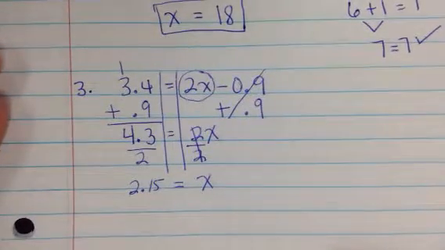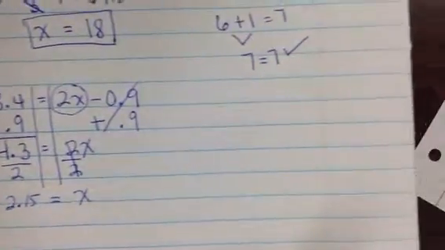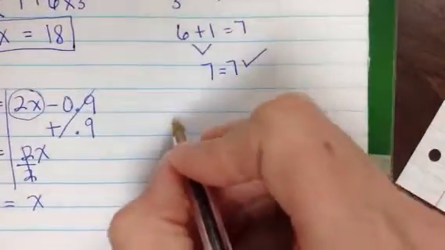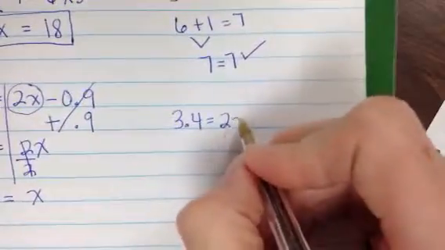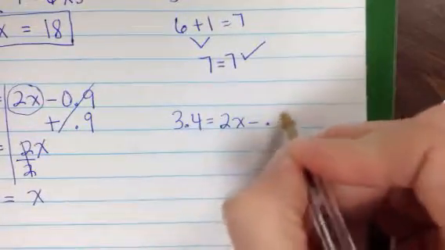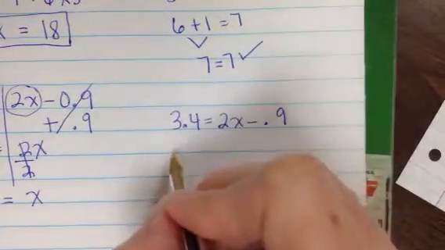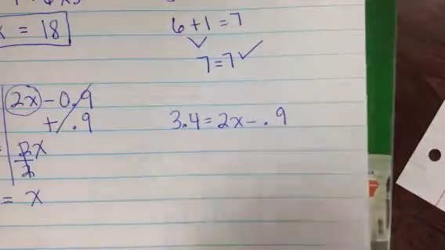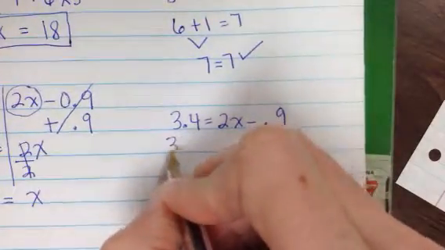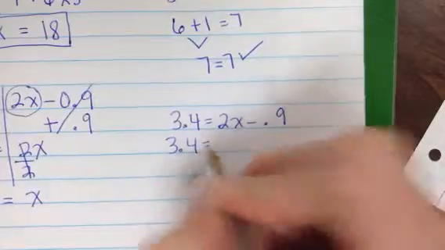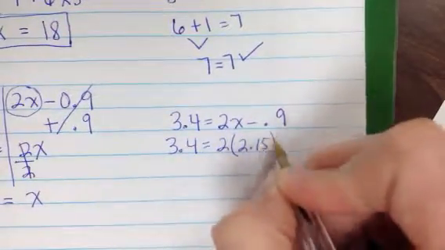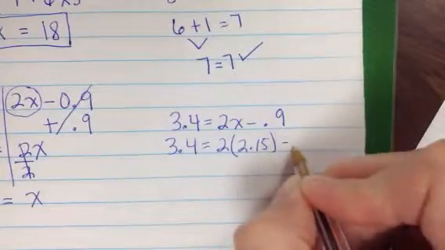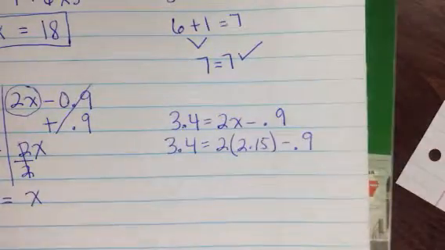And again, you want to check that to make sure that it works. So we come off to the side, and we're going to plug it in. We have 3 4/10 equals 2x minus 9/10. I'm going to plug in the 2 15/100 for my x. I'm going to substitute it in for the variable. So we have 3 4/10 equals 2 times 2 15/100 minus 9/10.